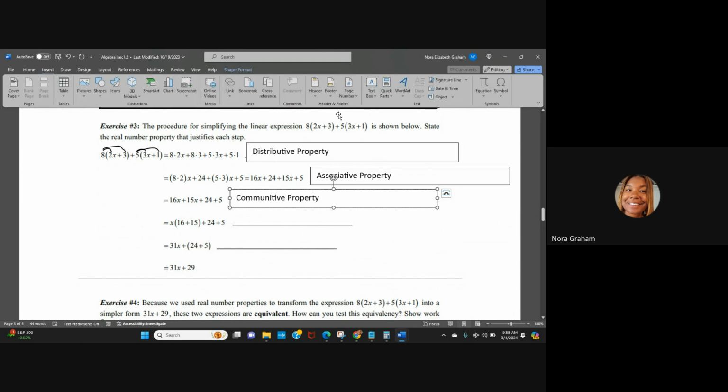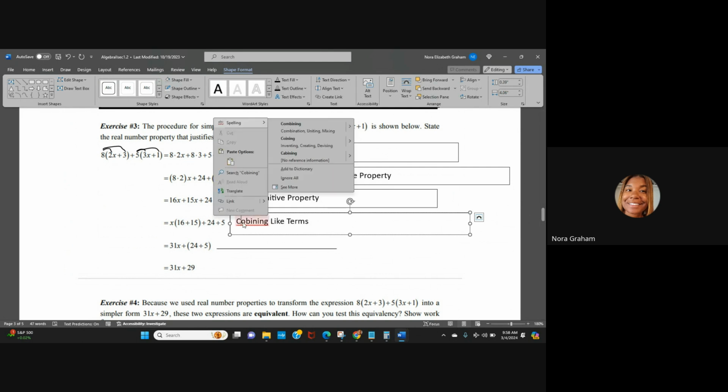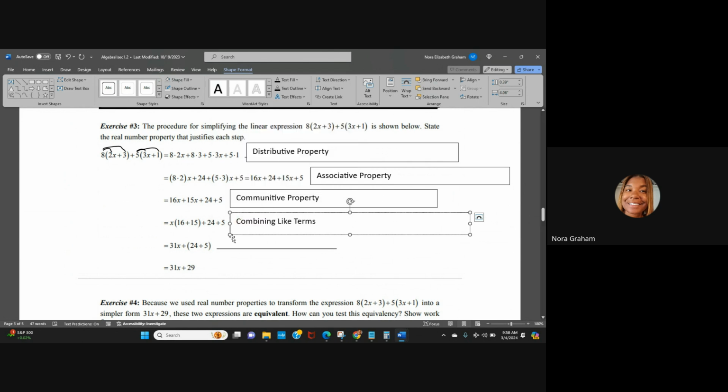And then our next step right here. This one is going to be combining like terms. Because we pulled out this x, we're combining our constants 16 and 15. Again, right here, this is another one.